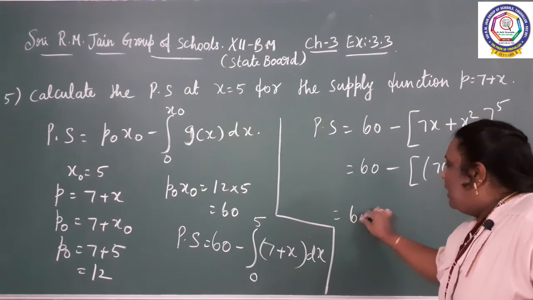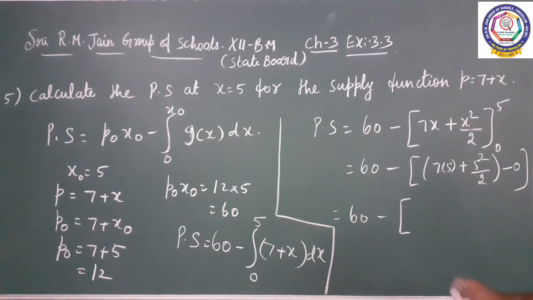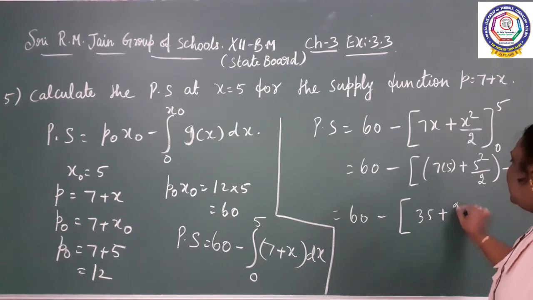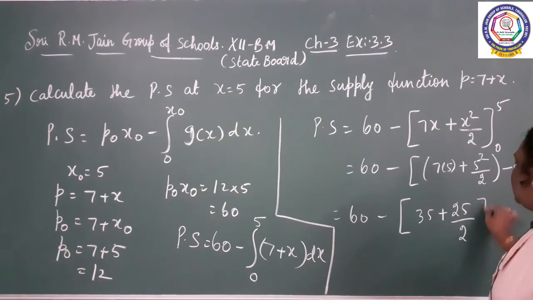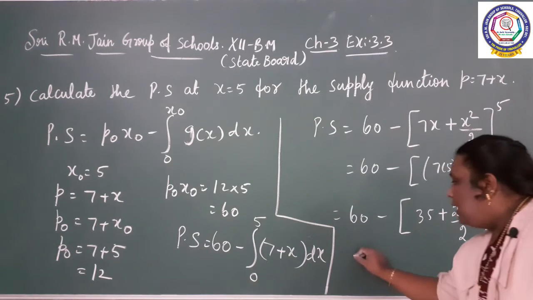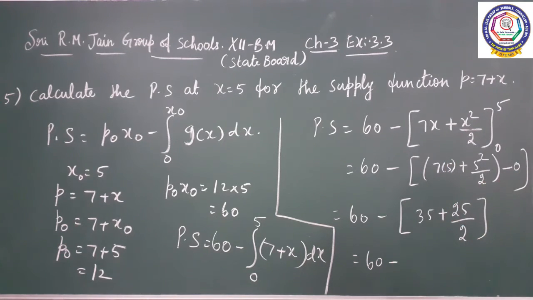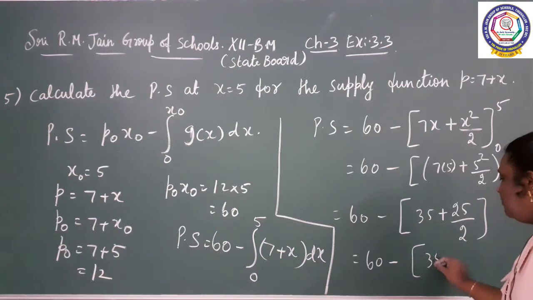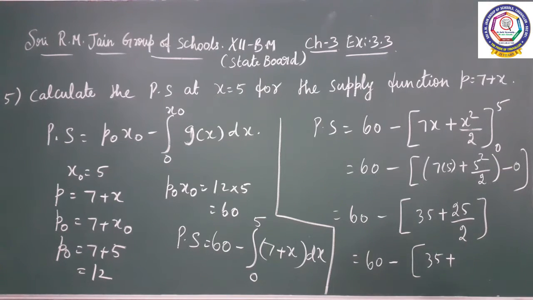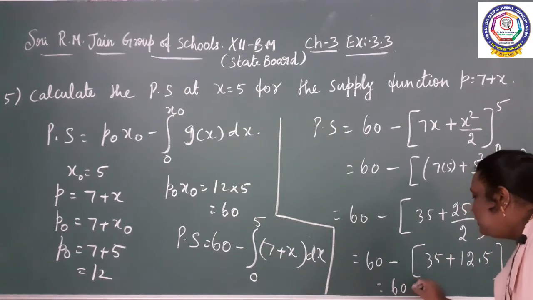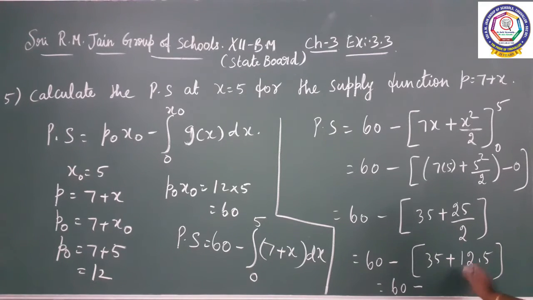So 60 minus 35 plus 25 by 2. You can write 25 by 2 as 12.5. So it gives 60 minus 47.5.